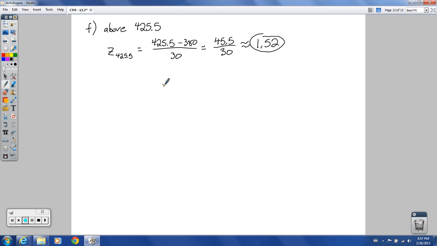I'm going to draw one more graph. So this keeps getting closer and closer to that line there. This would be 380 again. It's your mean value.